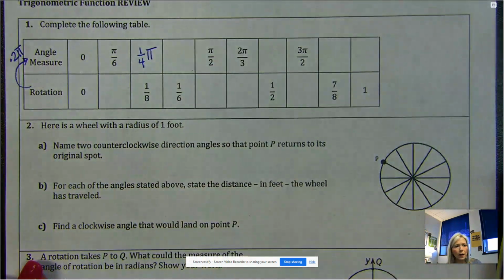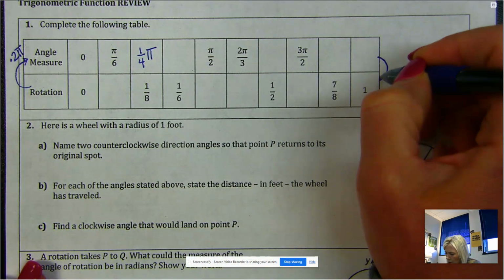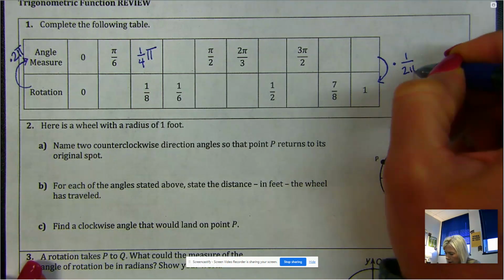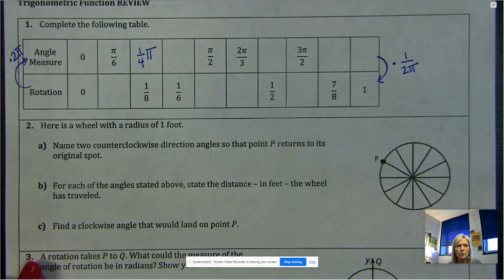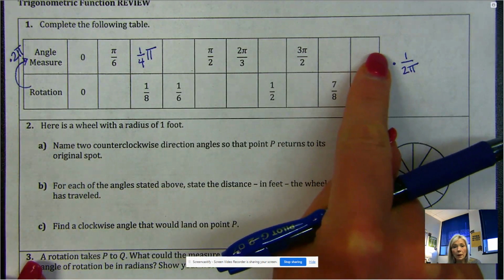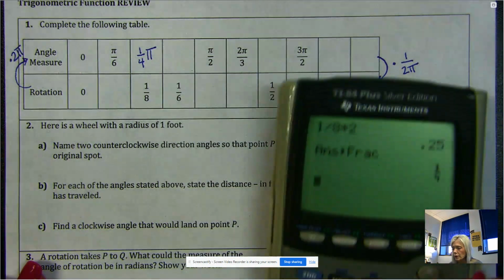To go in the other direction, I divide by 2 pi or multiply by 1 over 2 pi. Those are the same thing. So multiply by 2 pi to go this way, and multiply by its reciprocal, 1 over 2 pi, to go in the other direction.